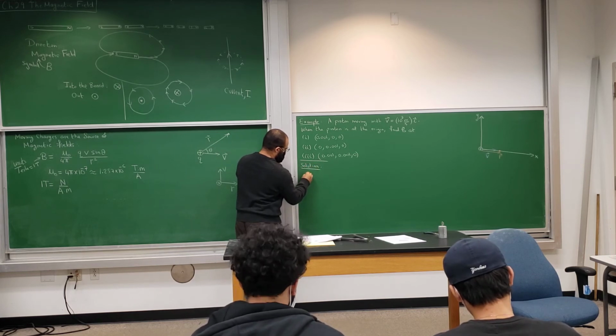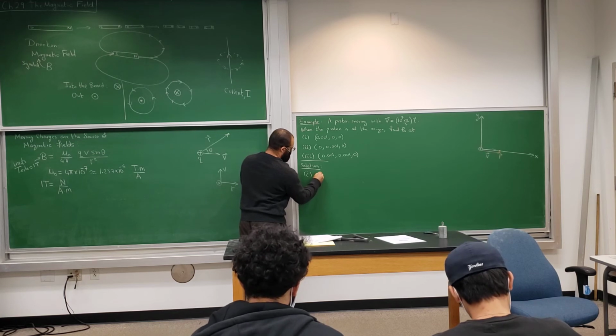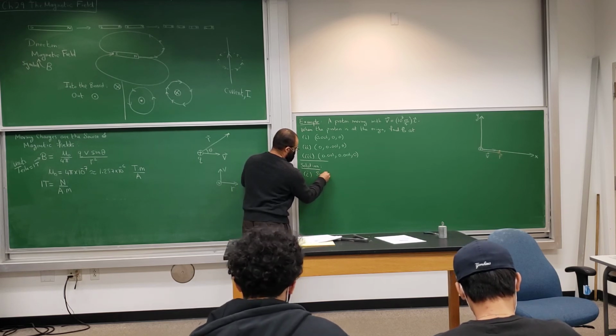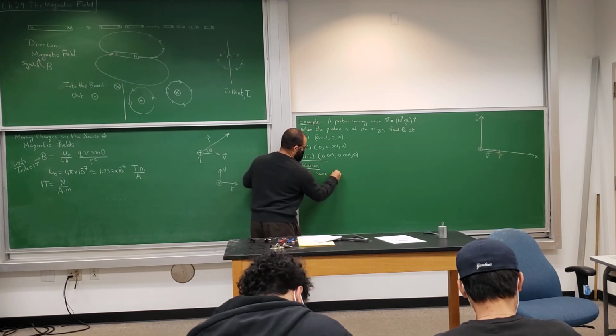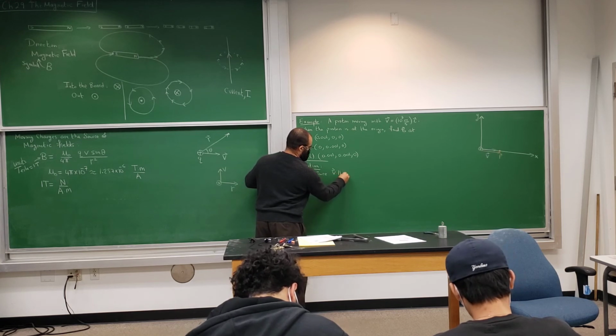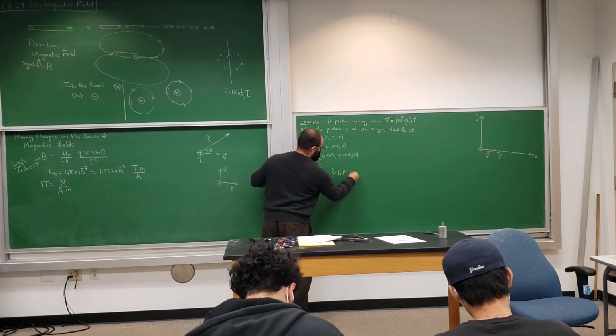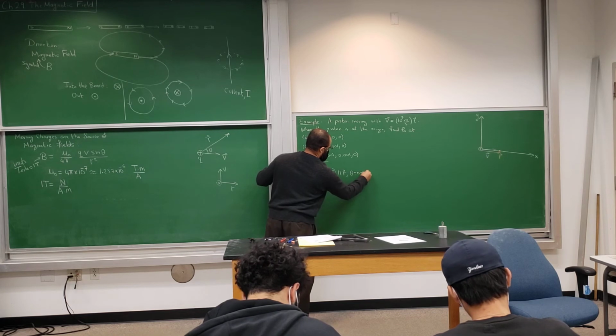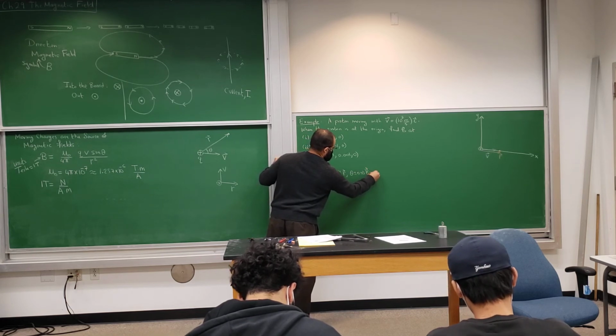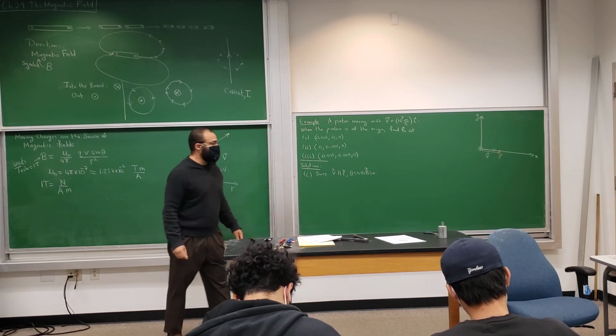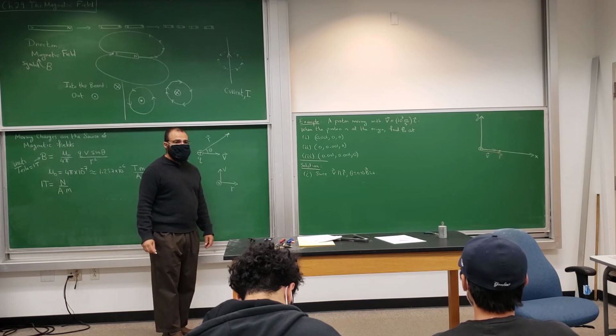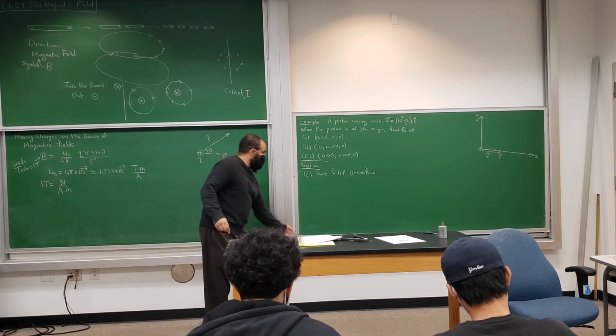In the first case, since V is parallel to R, theta is equal to 0, therefore B is equal to 0. That's good. That's the result.